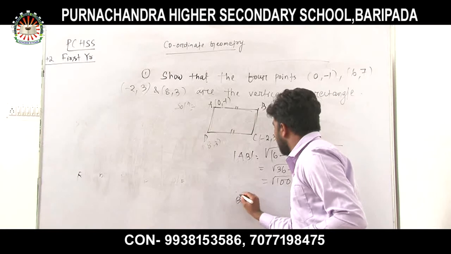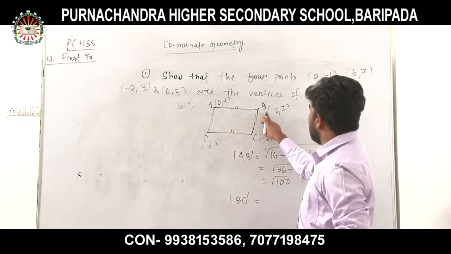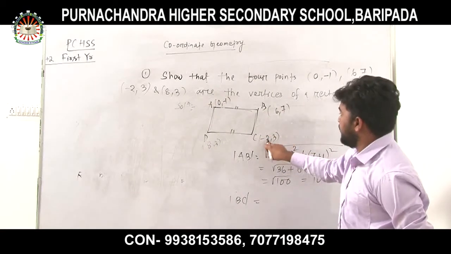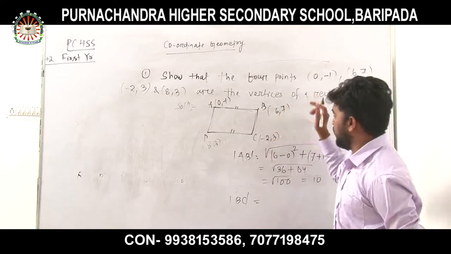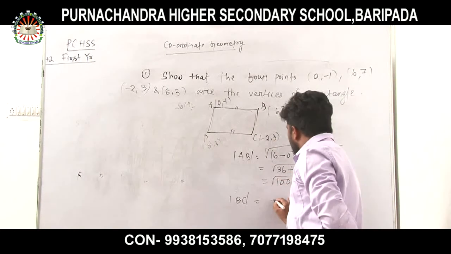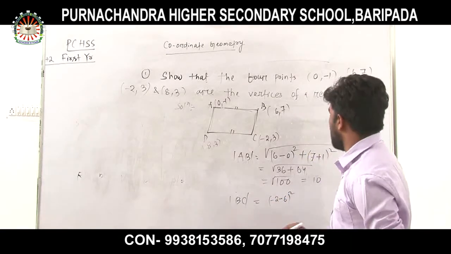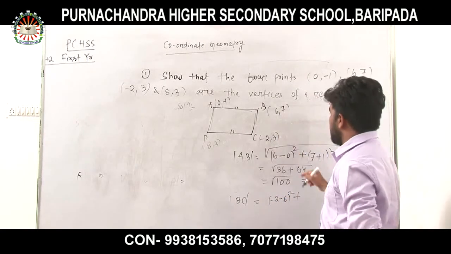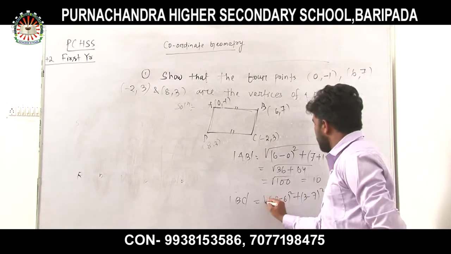Now calculate BC. All sides are calculated by using the distance formula. Sorry, it is x2, y2, x1, y1. Apply this formula: (-2 minus 6) square plus (3 minus 7) square.